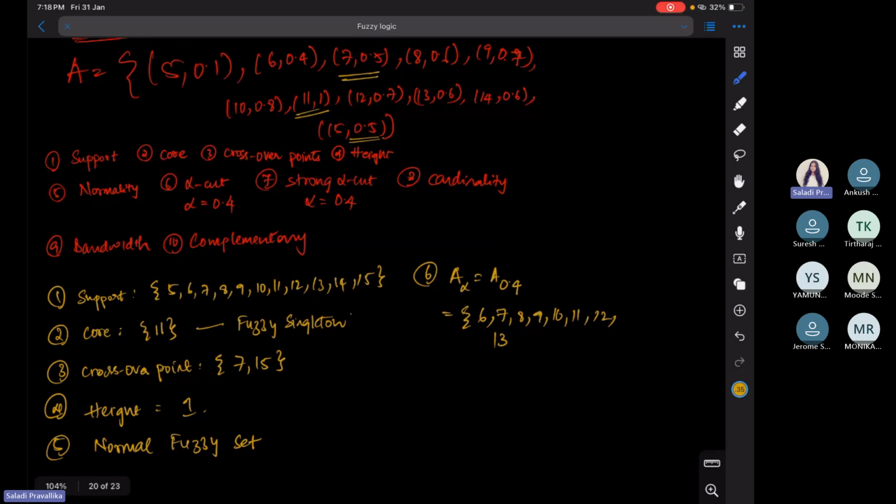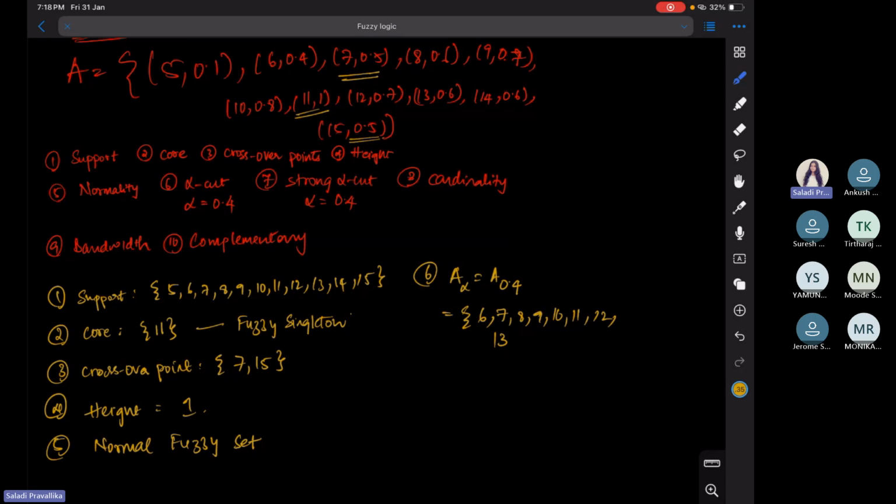And this 11 is also a fuzzy singleton because there is only one element and its membership value is equal to 1. For the crossover points, 7 and 15 are the only two points that have a membership value of 0.5.